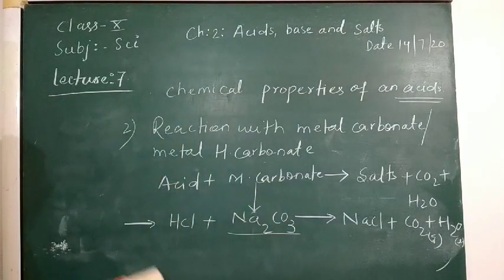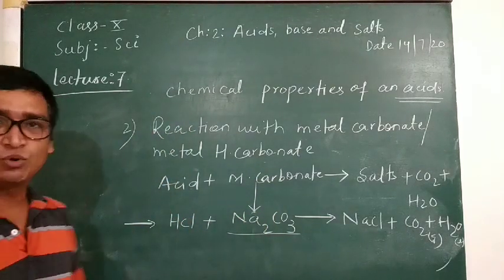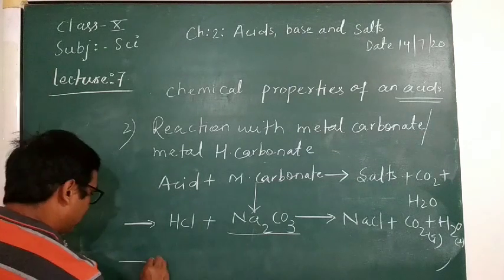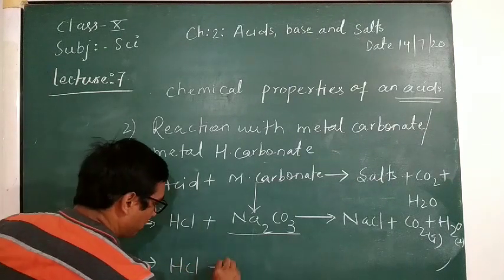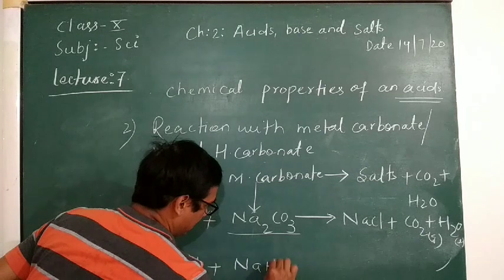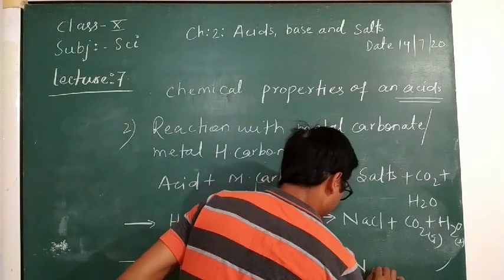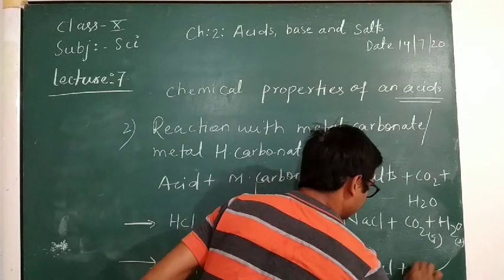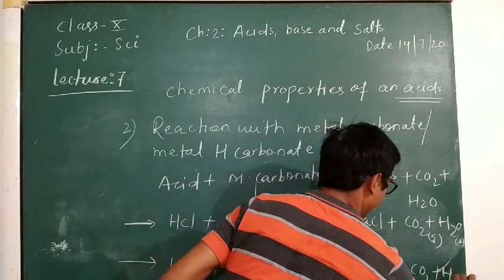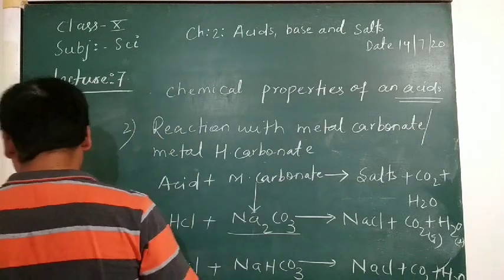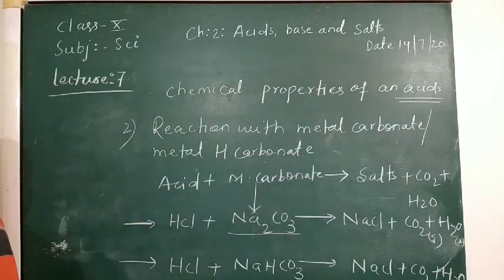We can take another example of a metal hydrogen carbonate. Here also, HCl plus NaHCO3 forms NaCl plus CO2 plus H2O. Now this equation needs to be balanced.